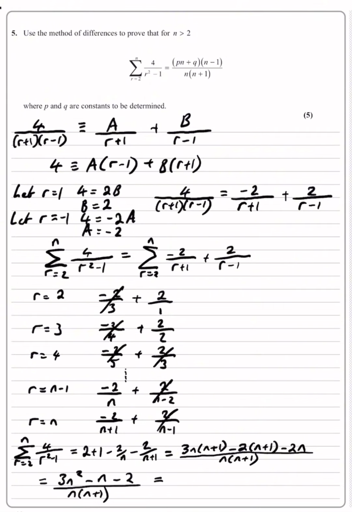And that factorizes to 3n plus 2 times n minus 1 over n times n plus 1, which is in the form the question wanted, where p is 3 and q is 2. And we're done.